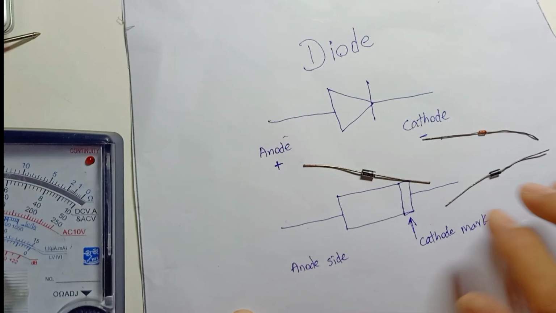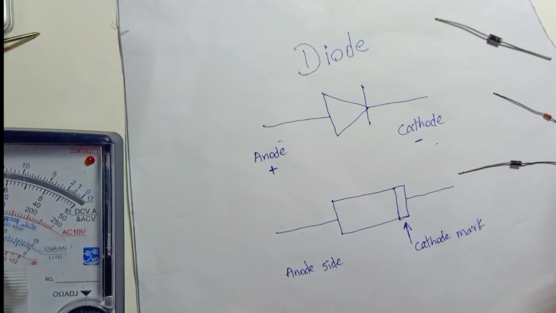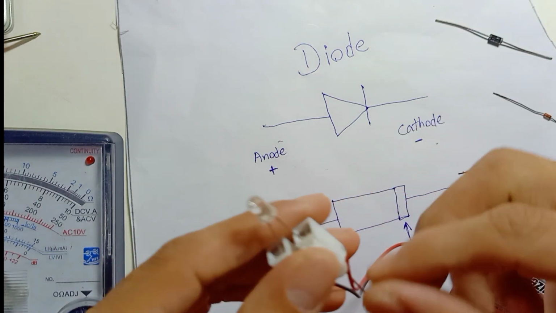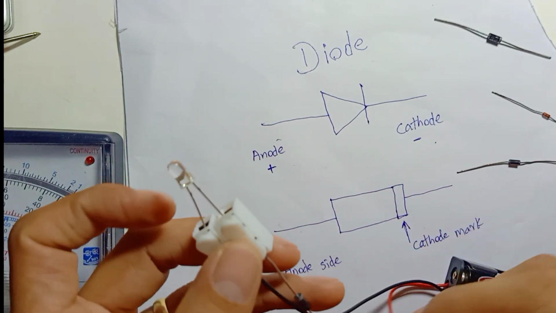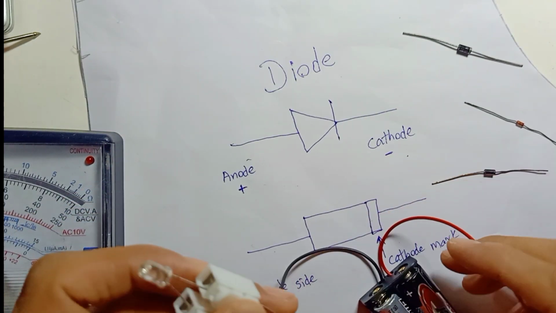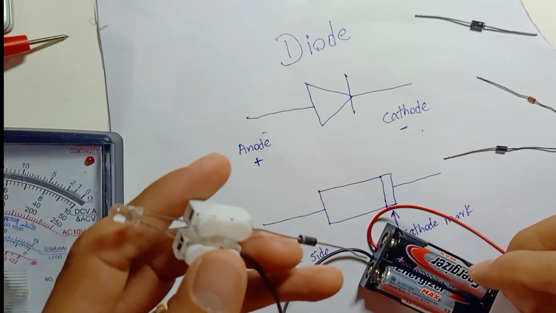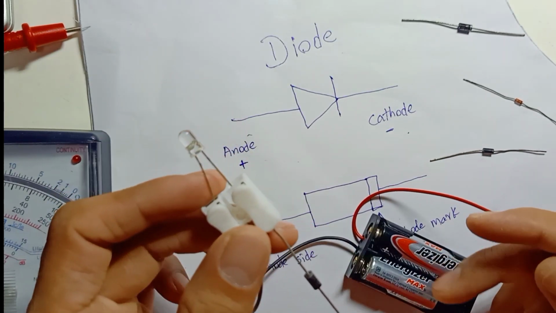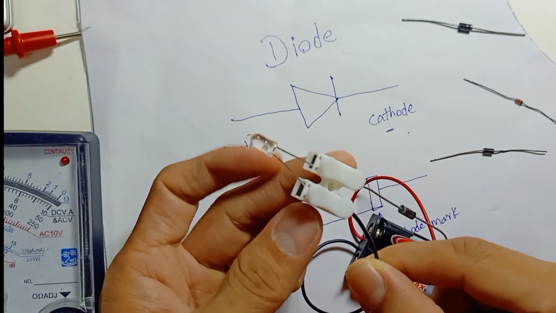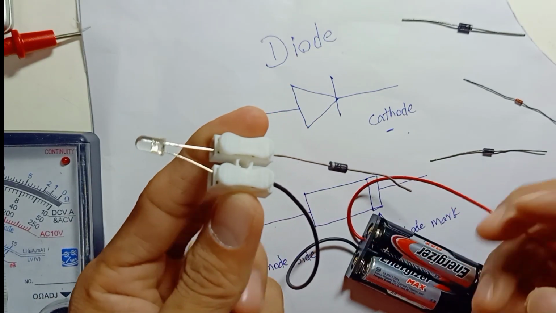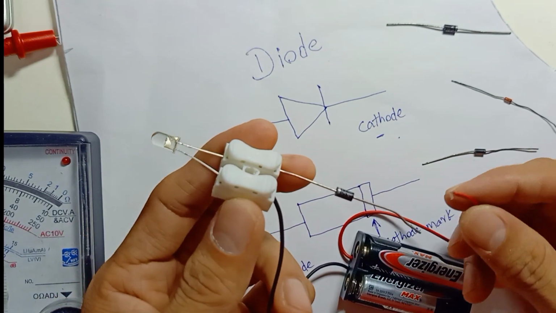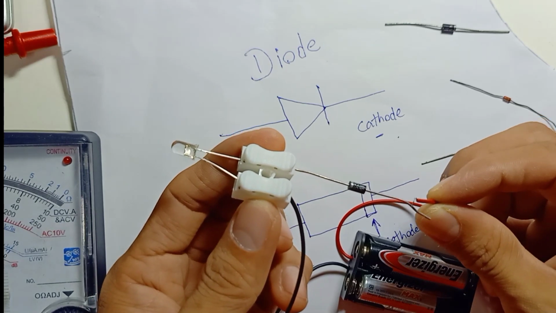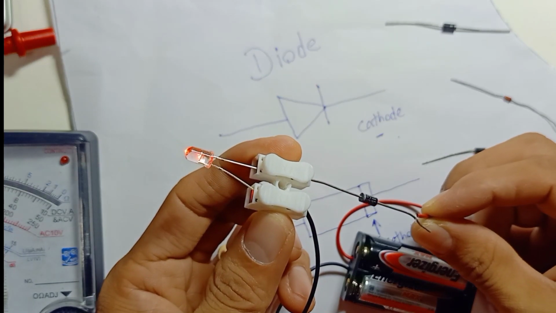In case you don't have a multimeter, you can use a battery. I'm going to use two AA batteries and one LED light. The negative we connect to one side of the LED, and the positive we go through the diode. So I have the LED lit.